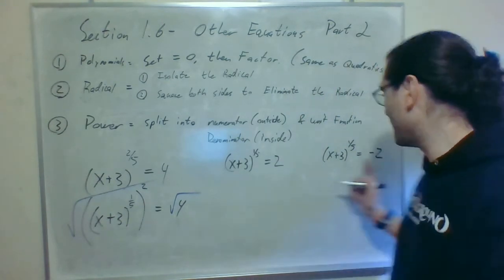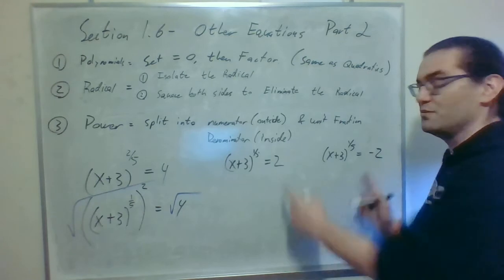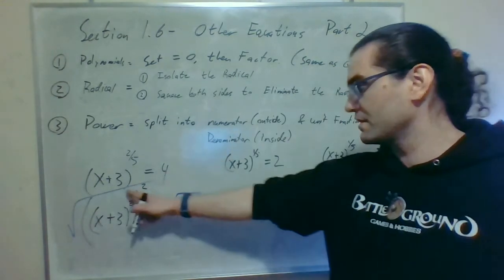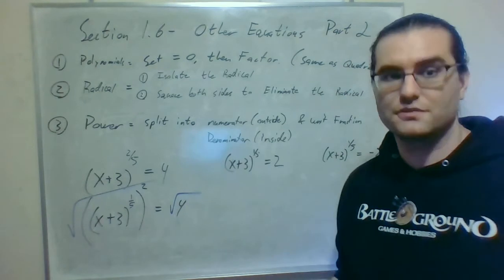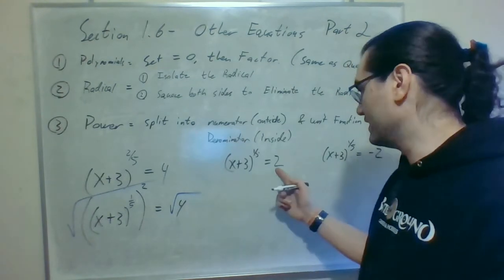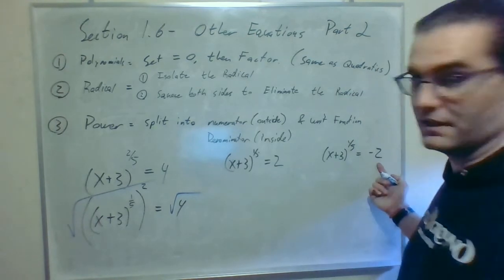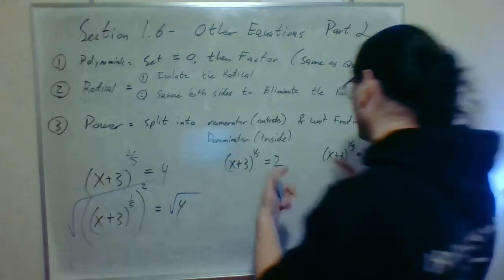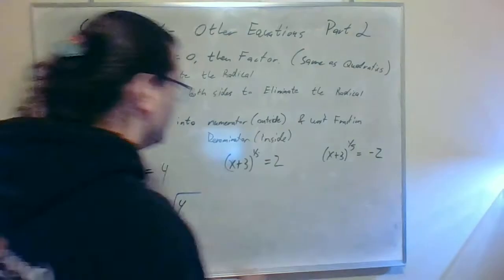This plus and minus situation is only an issue with even roots. If you're taking a square root of something or a fourth root, you have to acknowledge that the thing you just took the square root of might have been positive or it might have been negative. So we got our two possibilities here.